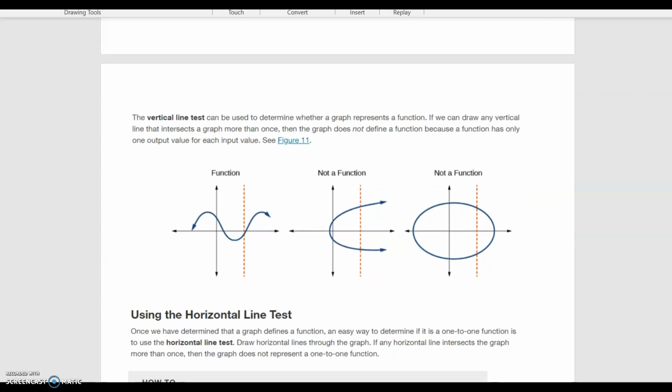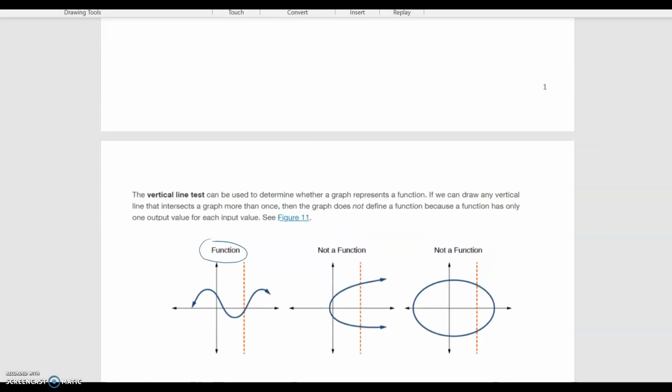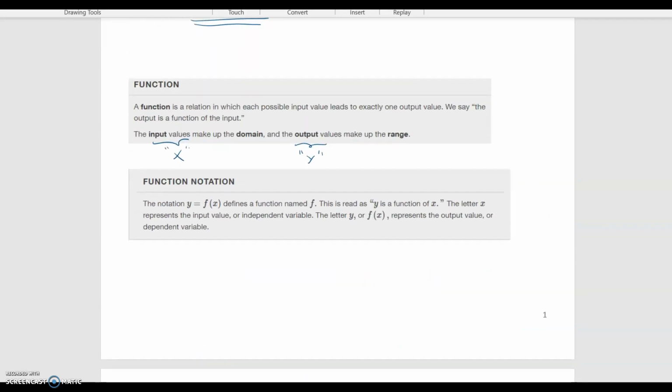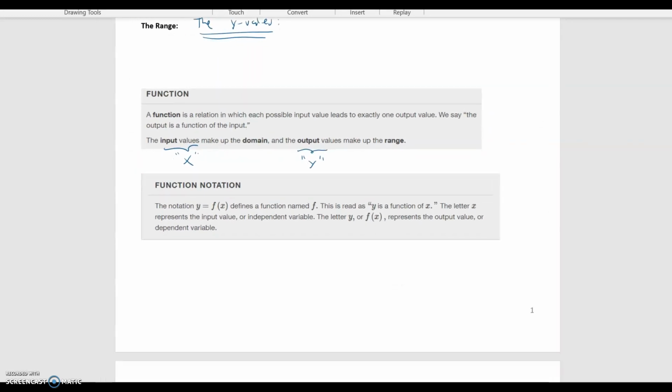So notice that this example is defined as a function. Every x would give you one y value, but this one is not, because this x is going to give you two y values. Same idea here, two y values. And then any equation that in the past we simply had as y, if it's defined as a function, we replace y with f of x.